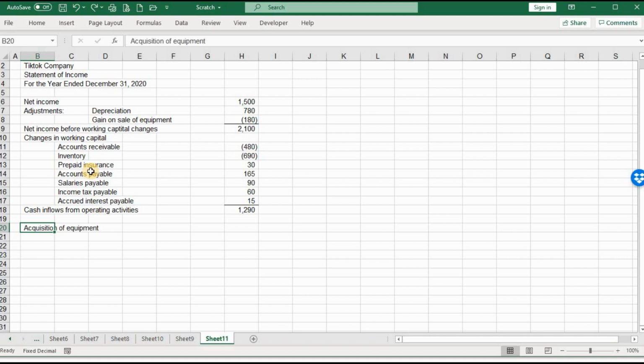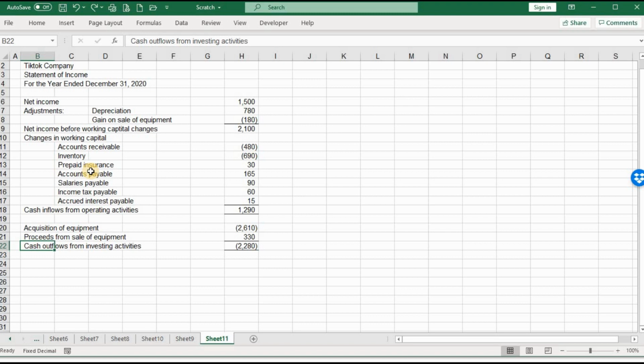First is acquisition of equipment for 2,610. Next is the proceeds from sale of equipment for 330 pesos. That is why we have a total of 2,280 negative, which is cash outflows from investing activities.